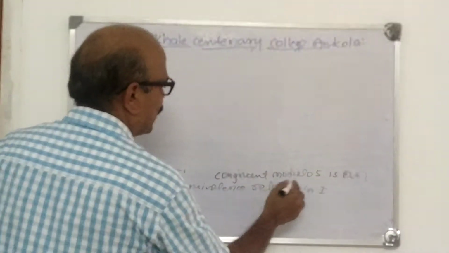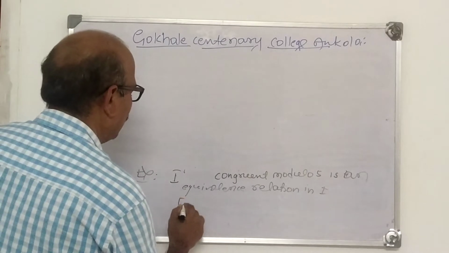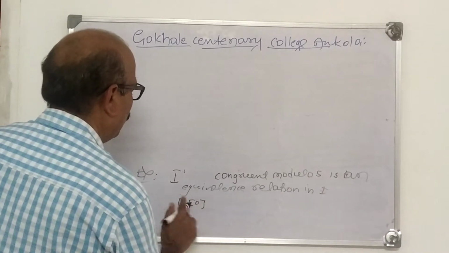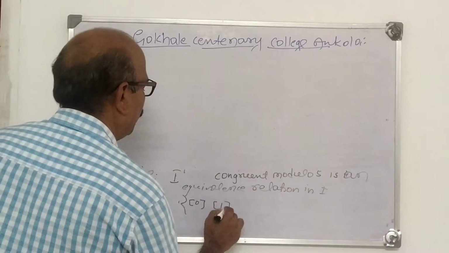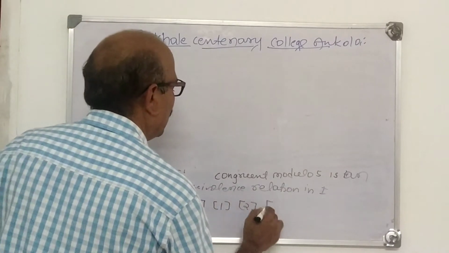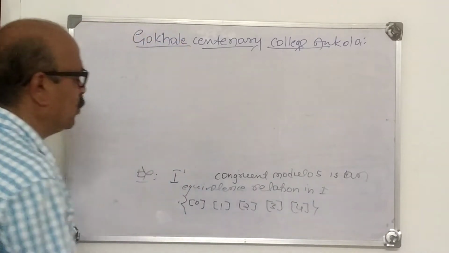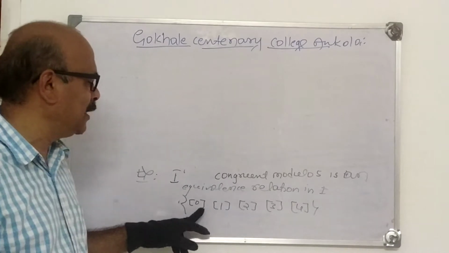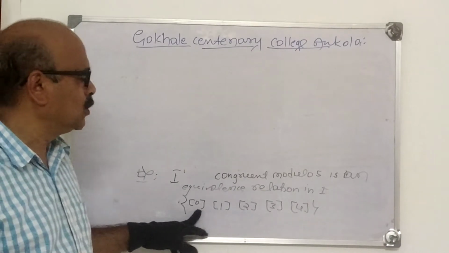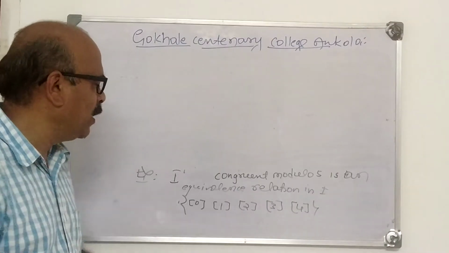Now what are the equivalence classes determined by this equivalence relation? They are 0, 1, 2, 3, 4. This 0 means it is not only the integer 0, it is an equivalence class. It determines the set of integers which are congruent to 0 mod 5. 1 means integers which are congruent to 1 mod 5.